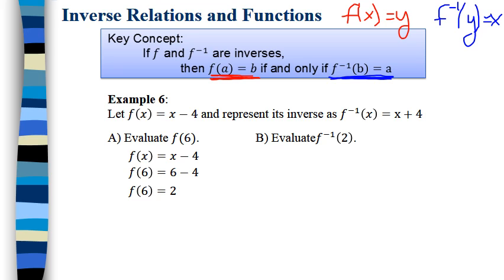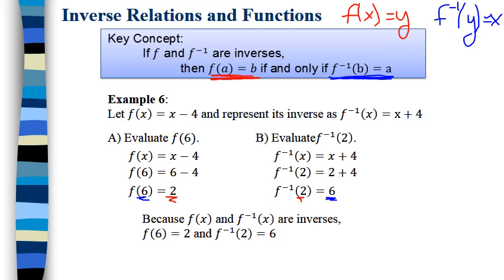Remember, we can switch. So if we find the inverse f of 2, that equals 6. And so we can see that the x values switched and the y values switched. Okay, so because f of x and its inverse are inverses, f of 6 equals 2, and the inverse f of 2 equals 6.